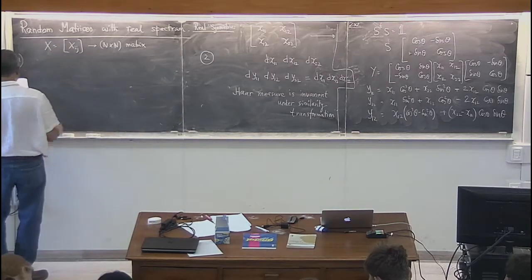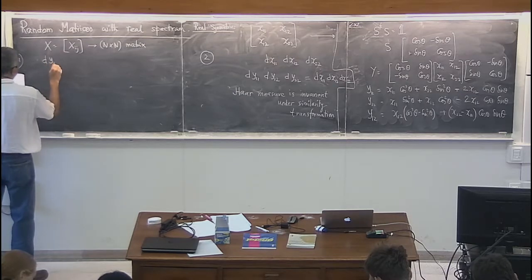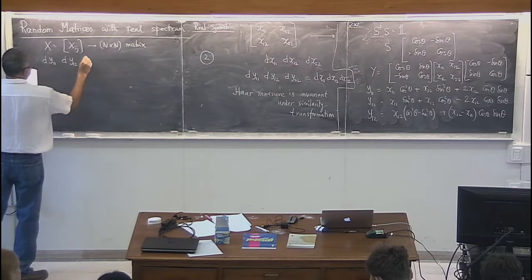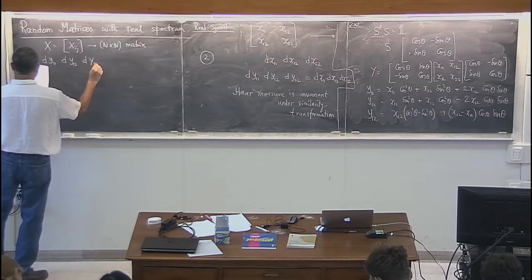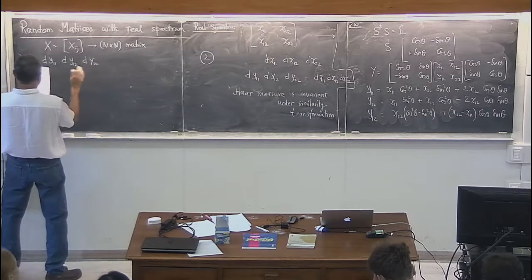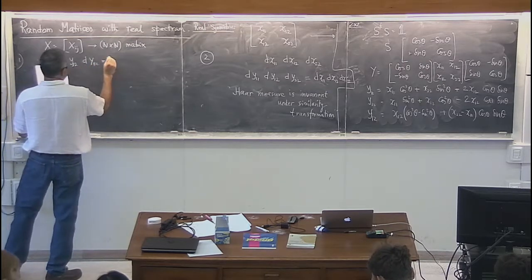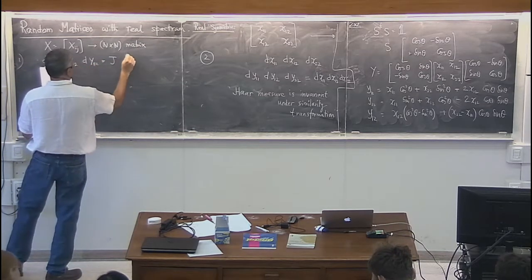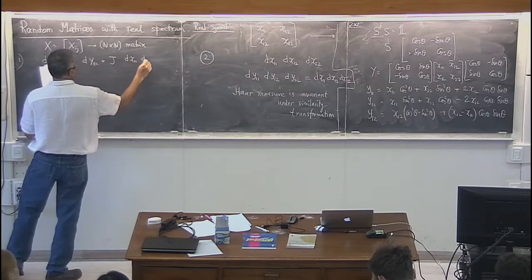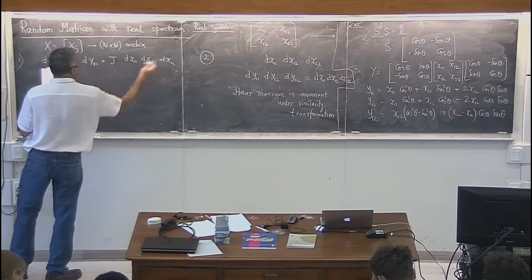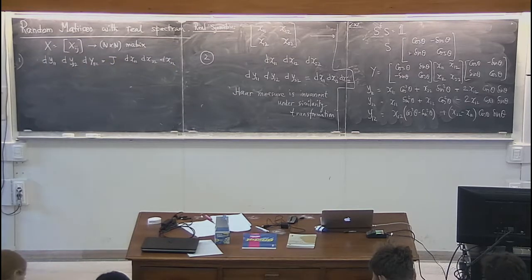Okay, and then you want to calculate this Jacobian, right? Because the statement is that if I look at this volume element after the similarity transformation, this will be this Jacobian times dx11, dx22, dx12, and we want to prove that the determinant of this Jacobian is 1.